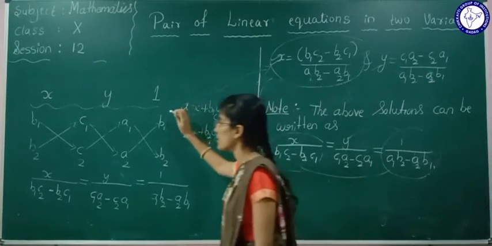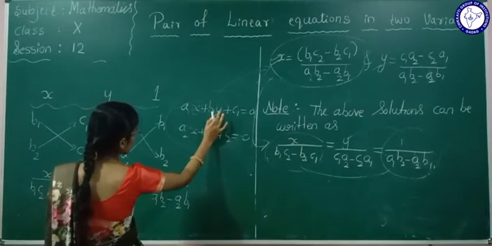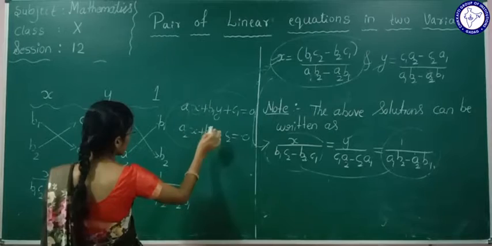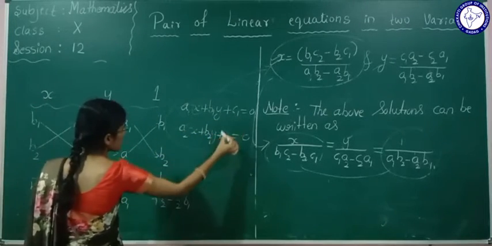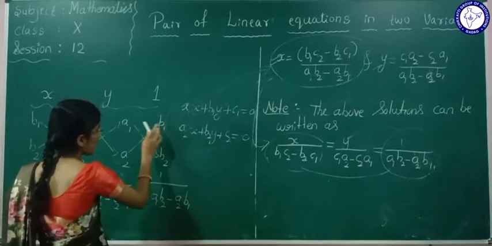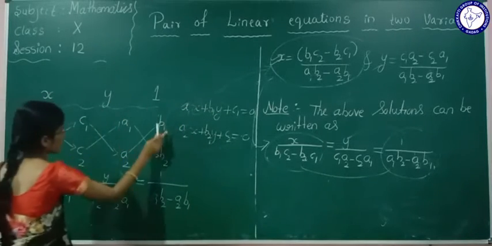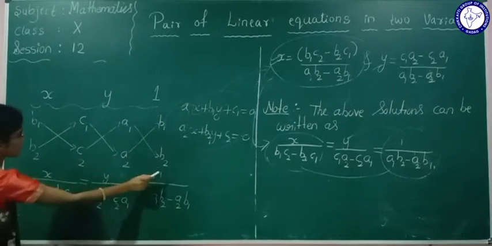First see here, these are the given pair of linear equations. Write the coefficients of y, that is b1, b2. Afterwards write the constants c1, c2. Afterwards write a1, a2. Where we started, we should stop there only. Show the downward arrows.